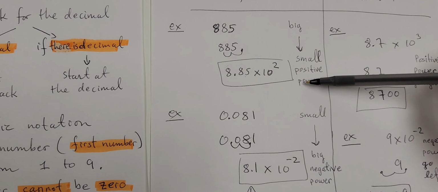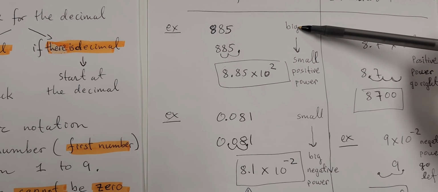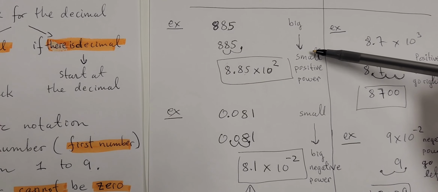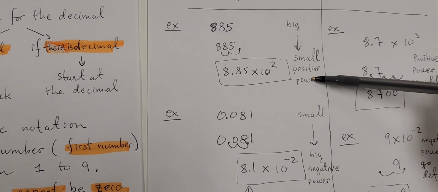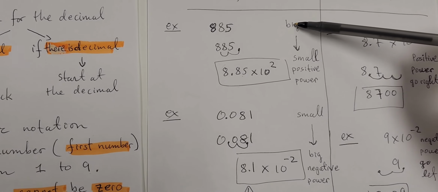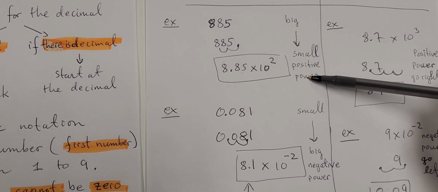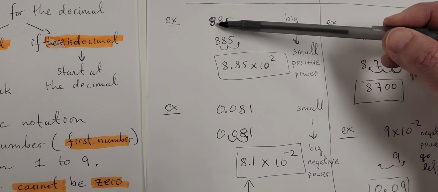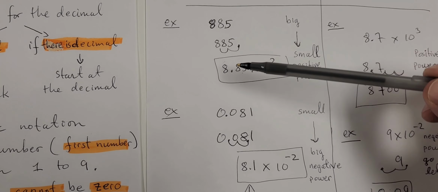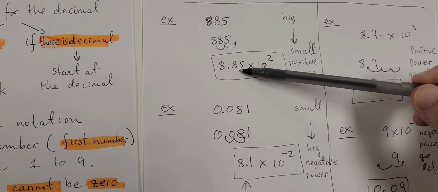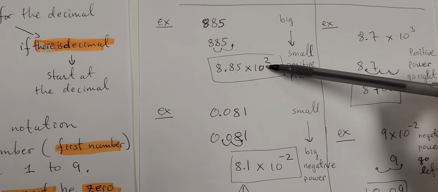Next, on a side note, if you go from a big number to a small number, the power is positive. So 885 moves down to 8.85, so the power is positive.